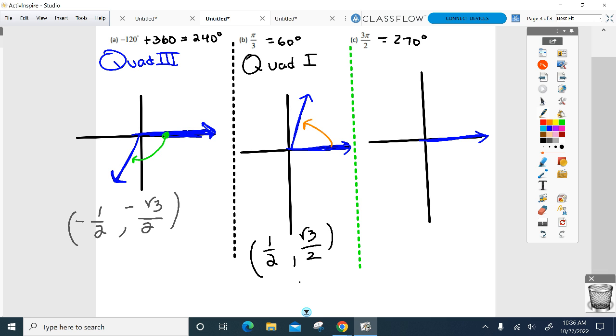Straight down. Not in a quadrant, right? Can I still put a rotational arrow? Going which direction? Counterclockwise. Is it positive or negative? Positive. So counterclockwise. And on the unit circle, it's 0, -1. Remember everything has a length of 1, so it's 0, down 1 on the unit circle.